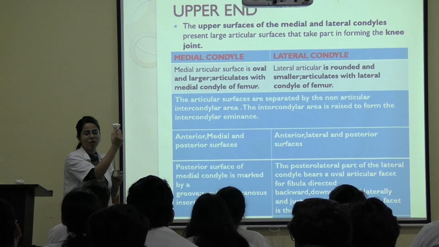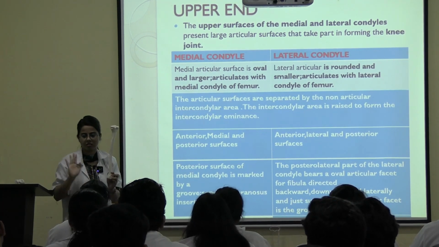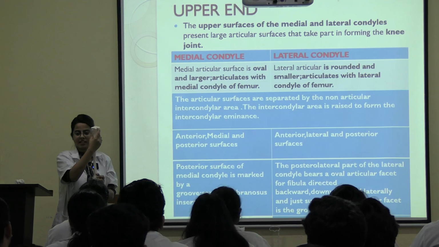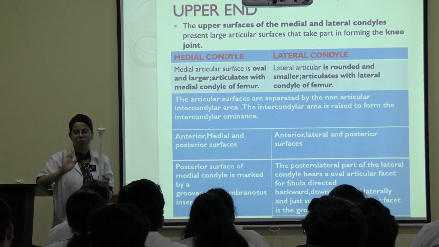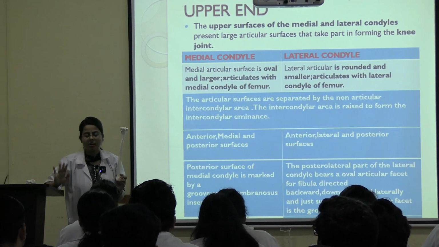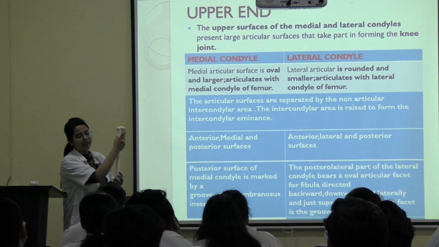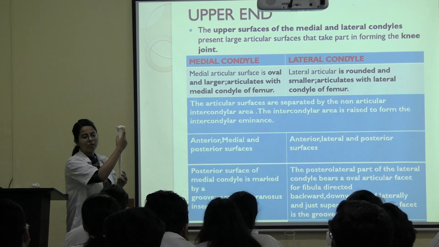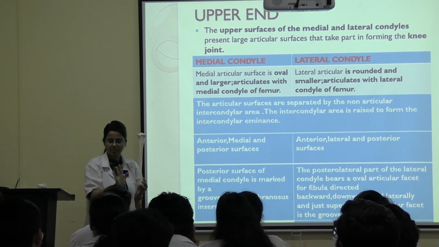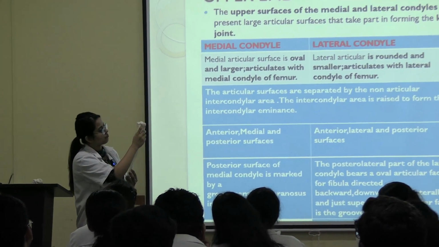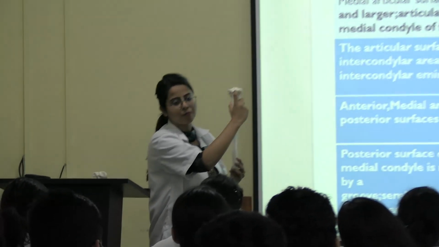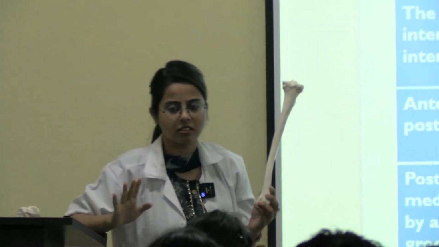This groove is for semimembranosus. Clear? And in case of lateral condyle, in the posterior surface, one oval articular facet will be there. It will be for fibula.